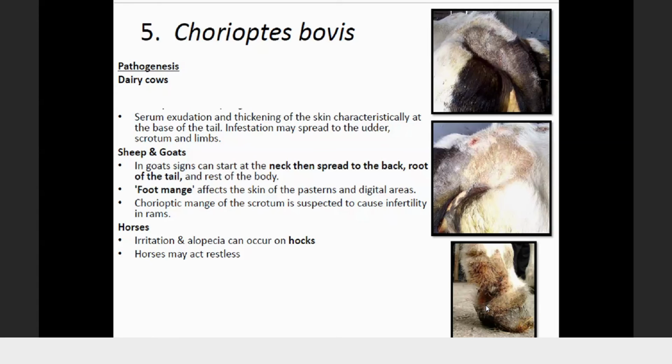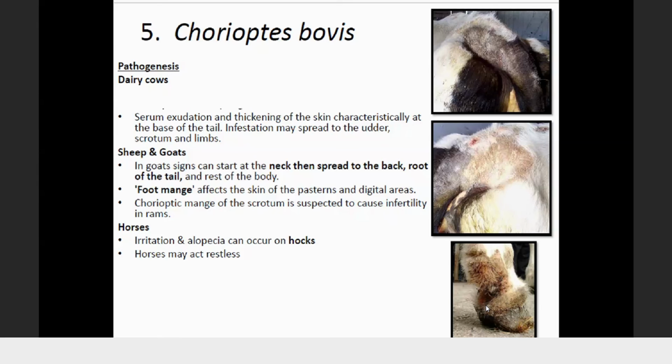The infestation then spreads to other areas and the limbs. It's also very important, to diagnose mite infestation, to look at the characteristic location of the alopecia. Some mites have a preferred area, for example this one is at the base of the hair.